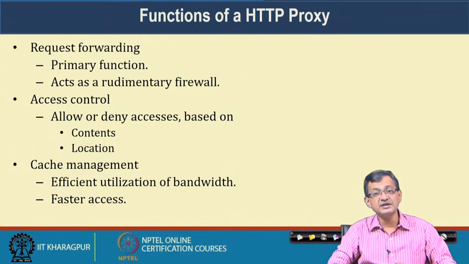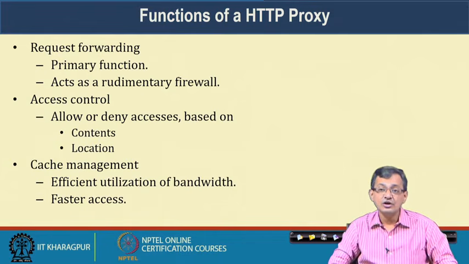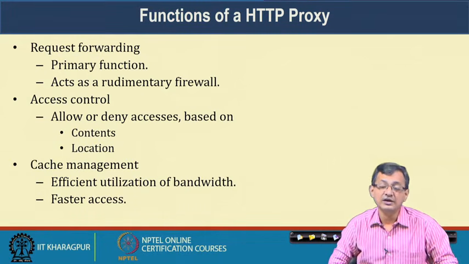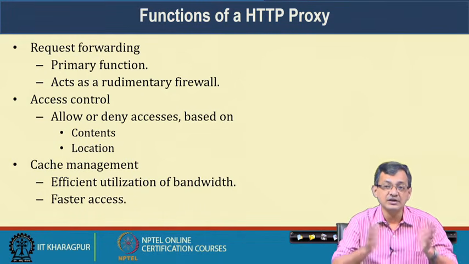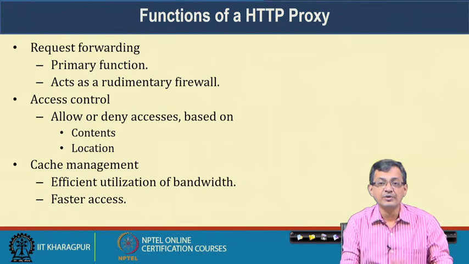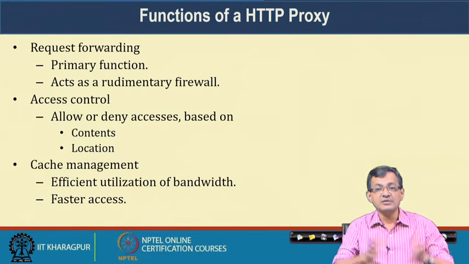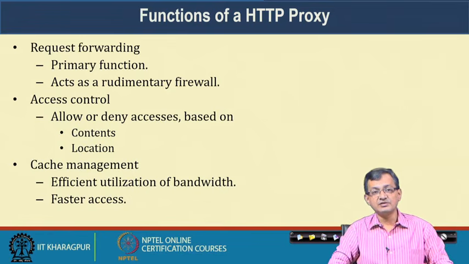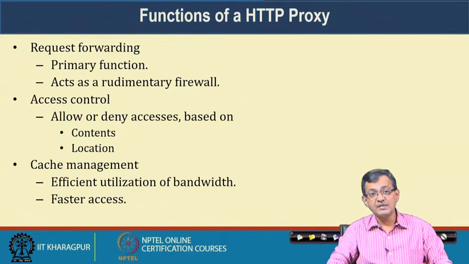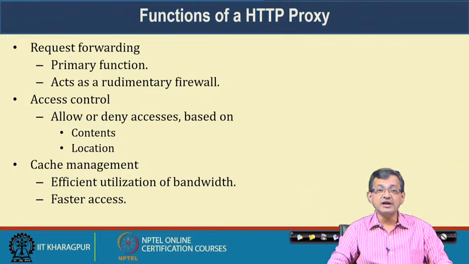If the proxy is able to look at a higher level, it can open up the packet at the application layer, or the message itself, and check whether there is any access control restriction based on content or based on the location. Cache management: efficient utilization of the bandwidth for faster access, that is cache management.